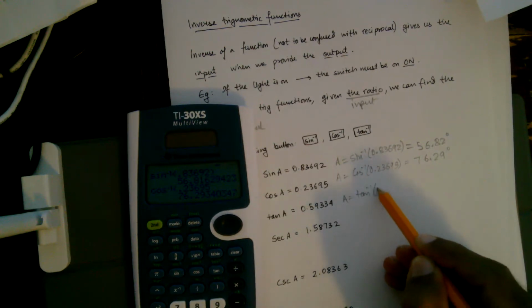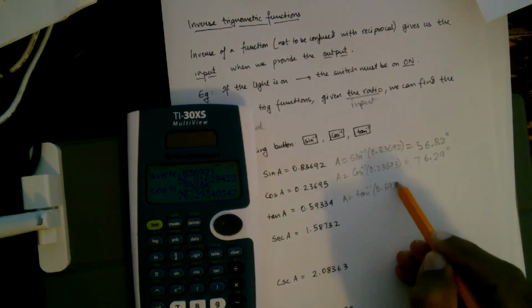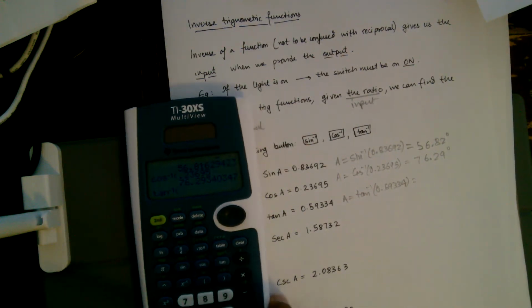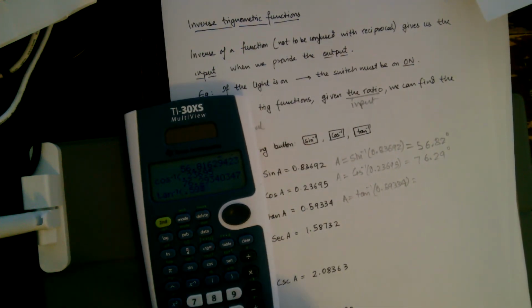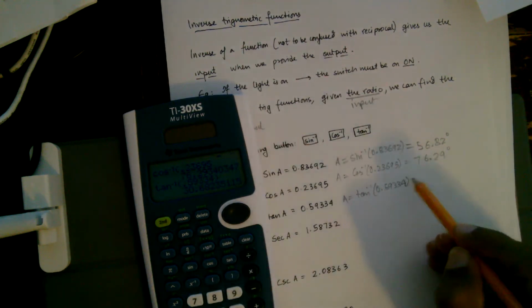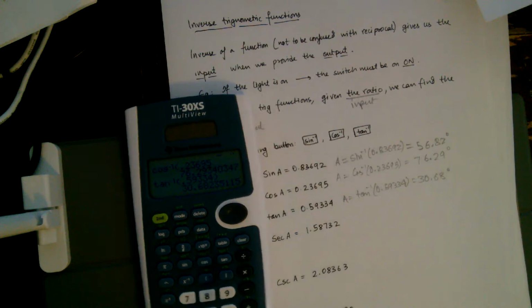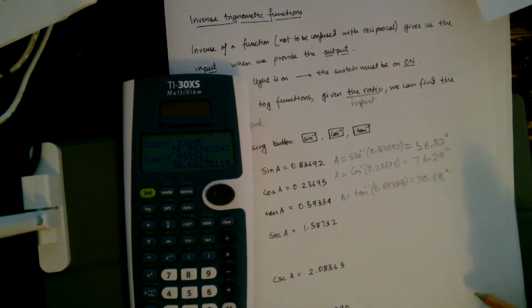Tangent inverse of 0.59334: second tan, 0.59334, gives 30.68 degrees.